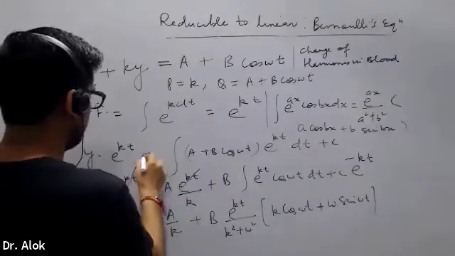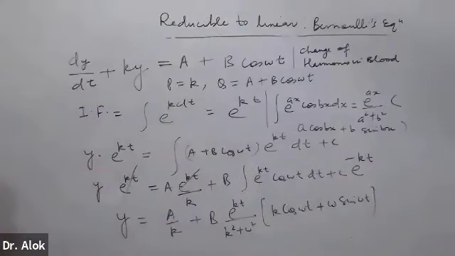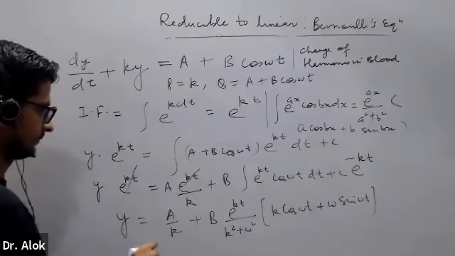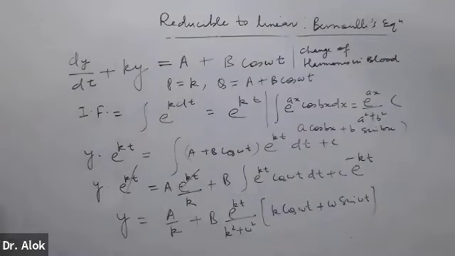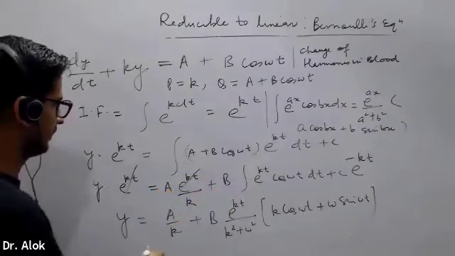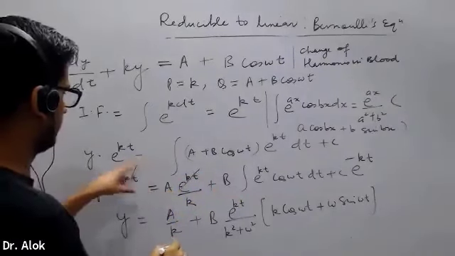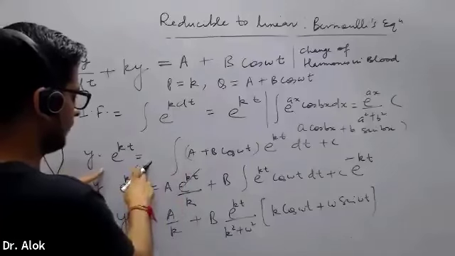If I am cancelling it from here, what will happen? Sir, with b, the denominator of b has e raised to power kt. We can't cancel it before integration. Sir, this happened after integration, no? No, where have I cancelled it? I have not. I just have to write it here. For now this is correct, it is written here.